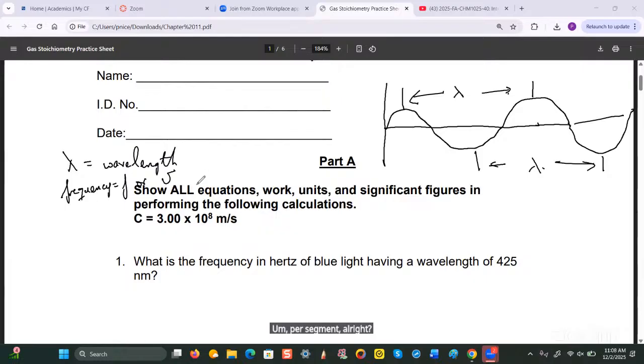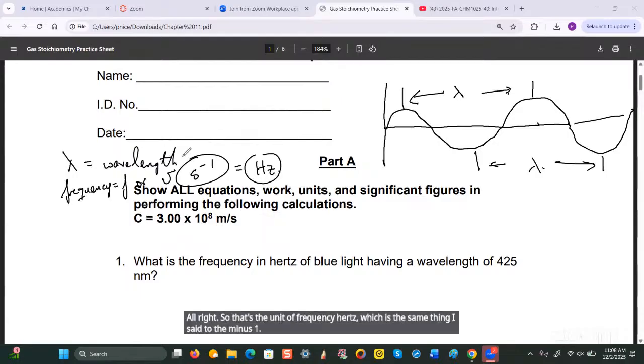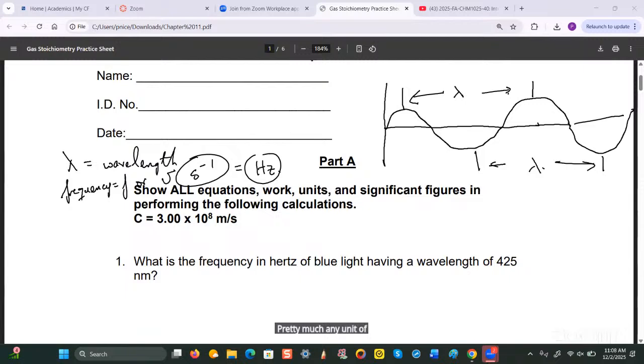Now, the units of frequency is going to be seconds to the -1, and there's a special name given to this unit. It's also called the Hertz unit, all right? So that's the unit of frequency, Hertz, which is the same thing as second to the -1. Wavelength, as I said before, can be expressed in pretty much any unit of length, depending, all right?